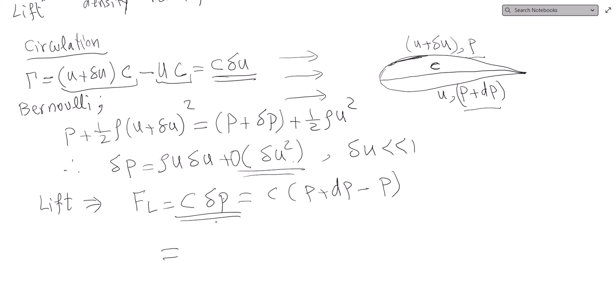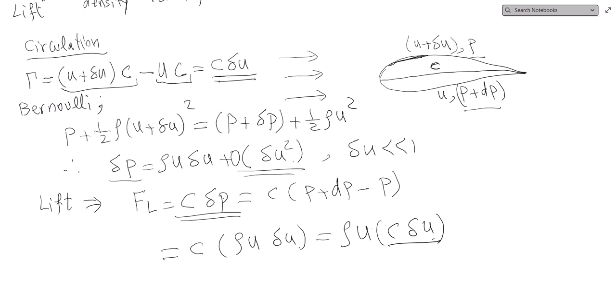And therefore I substitute for my delta P as I calculated here, which is rho u delta u, so I can write it as rho u C delta u.